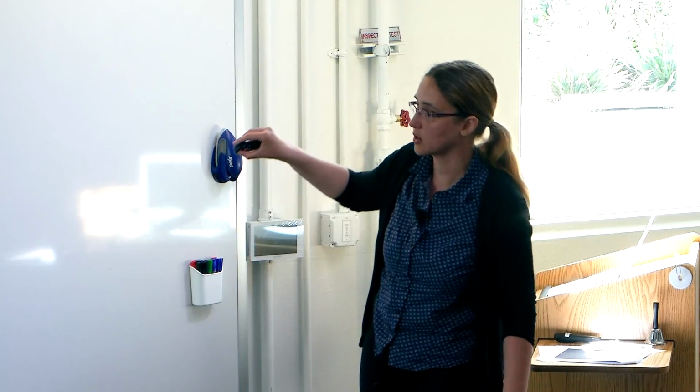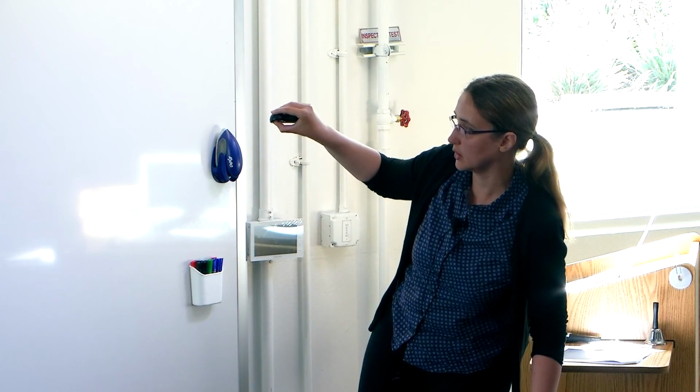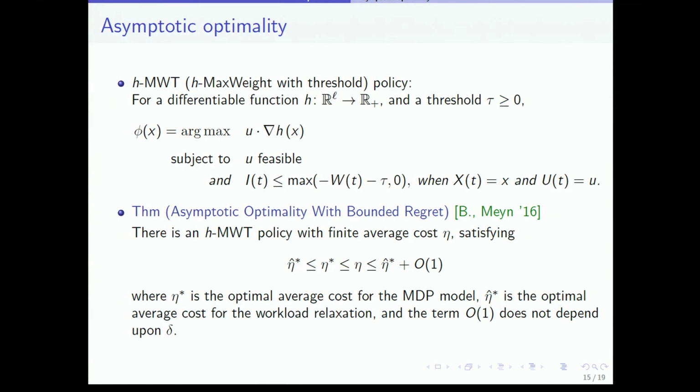It's also interesting that this is the optimal policy, and this is the optimal average cost for the workload relaxation, but that is still stochastic.